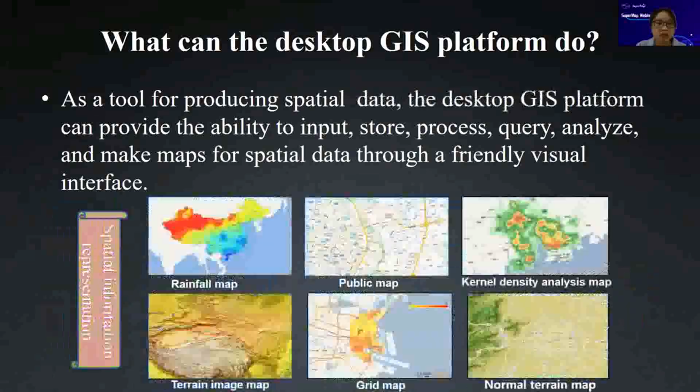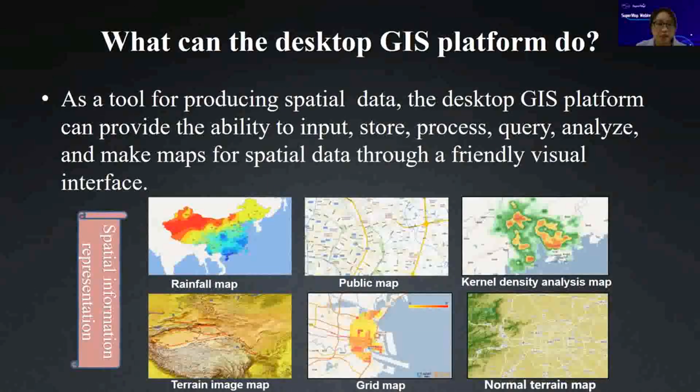And iDesktop also can be a tool to visualize the spatial information representation, such that you can make a rainfall map or public electric map or grid map, as this picture shows.